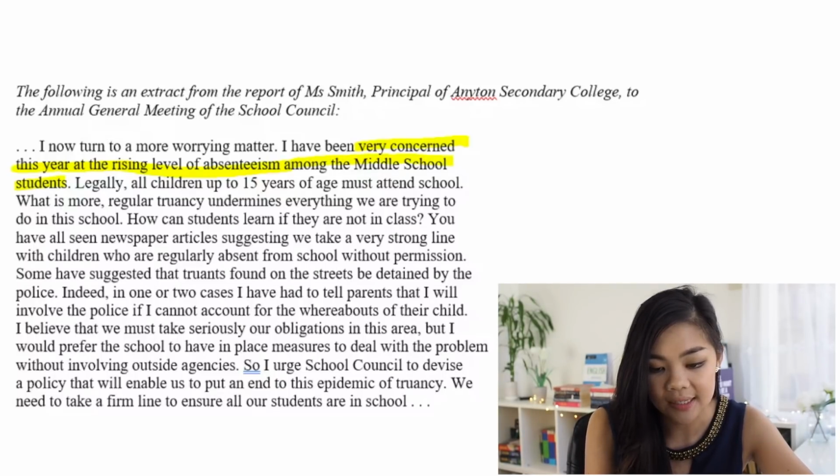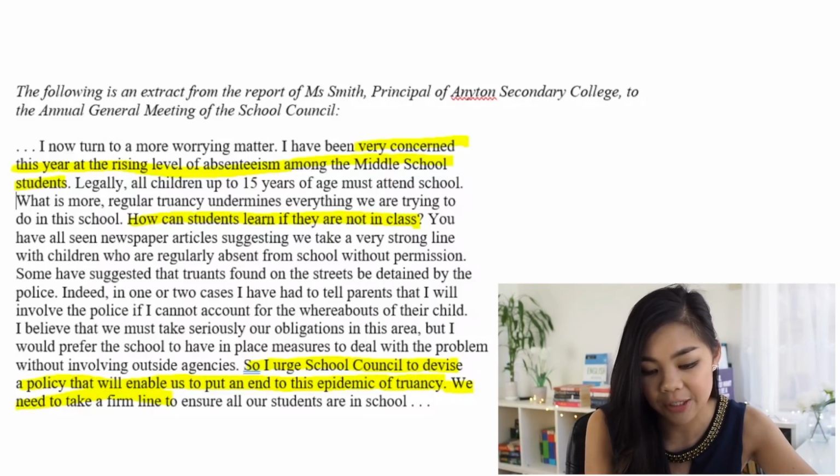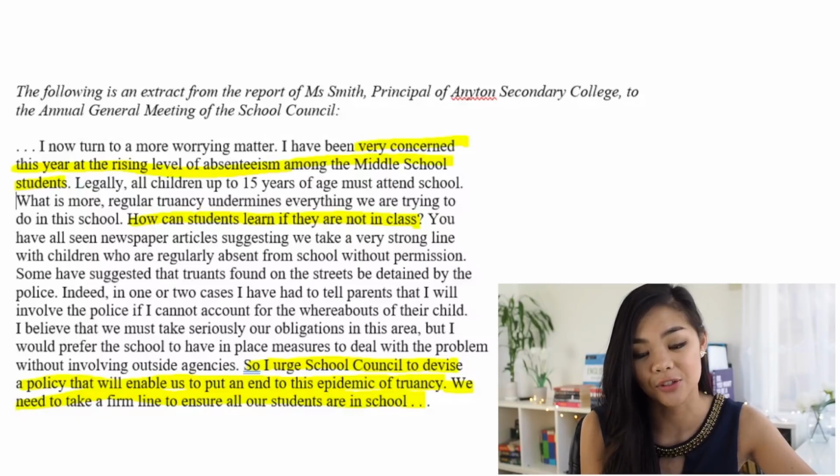Also, it says, how can students learn if they're not in class? In the end, she writes, so I urge the school council to devise a policy that will enable us to put an end to this epidemic of truancy. We need to take a firm line to ensure all our students are in school.